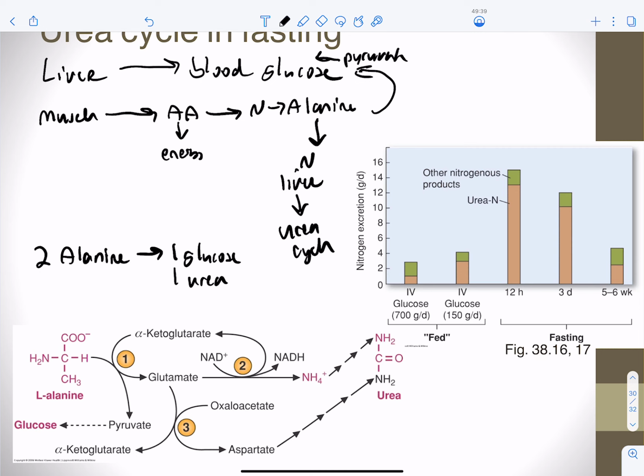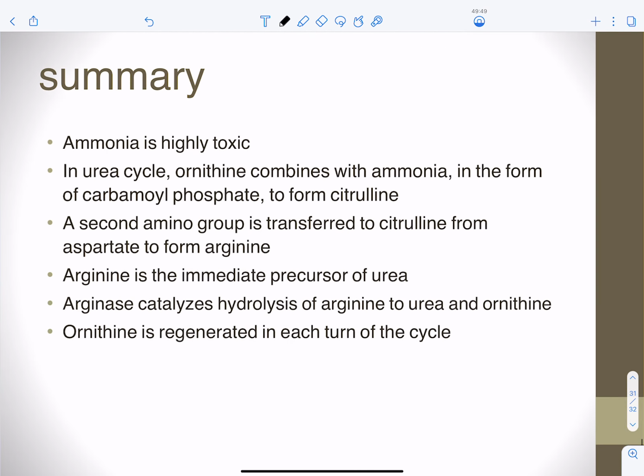Okay, so this is just showing how this all happens. Actually, it's 2 glucose, sorry. All right, so keep in mind, ammonia is toxic. We want to take care of those nitrogens. Best way to do that is through the urea cycle. If it gets overwhelmed, you can lead to toxicity.